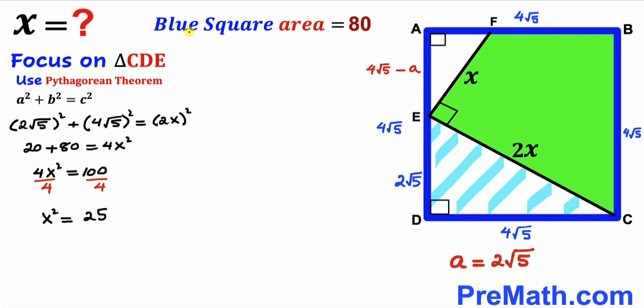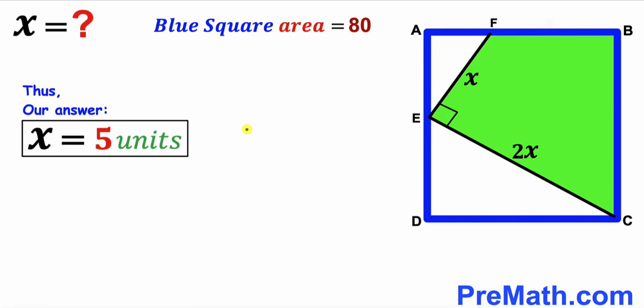Undoing the square by taking the square root on both sides, our x value is going to be the positive 5 units. So after all the calculations and manipulations, our x value turns out to be 5 units, and that's our final answer.